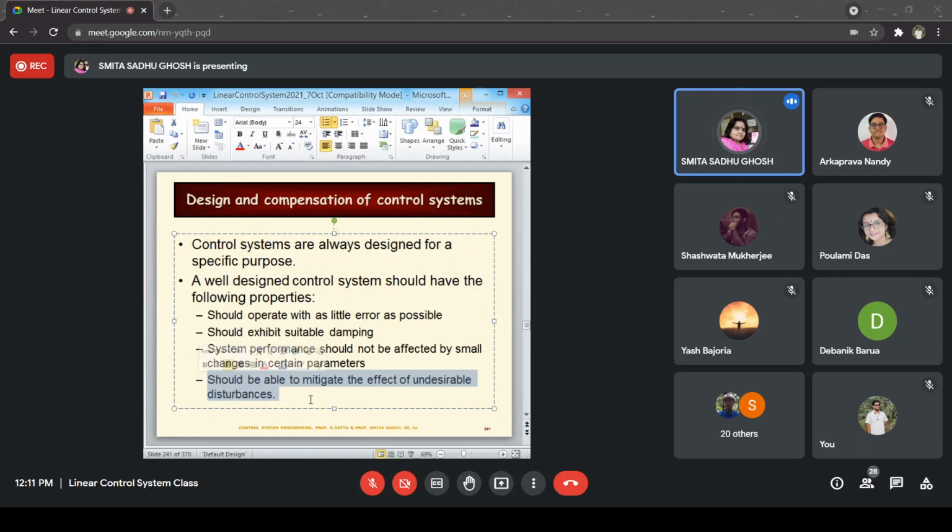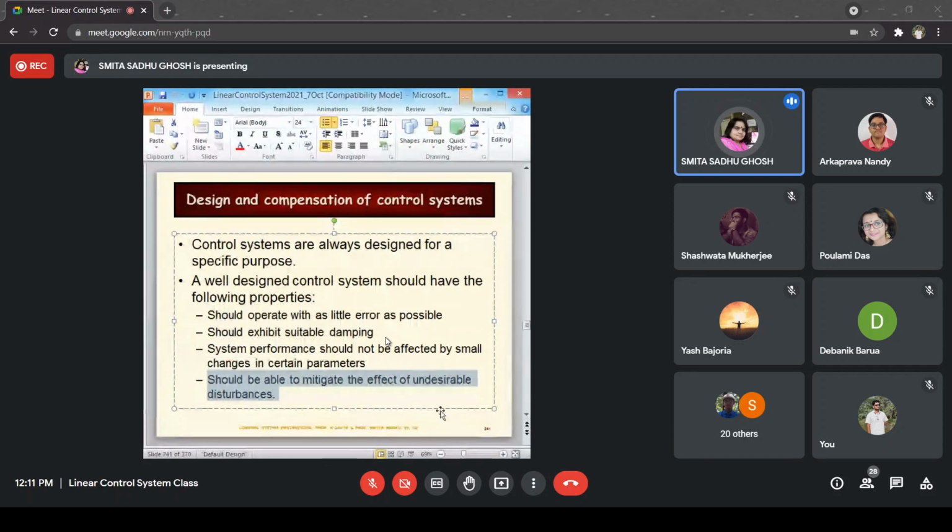The last point mentions the effect of undesirable disturbances, meaning that if some external signals are affecting the system apart from your desired signal, or what you call the command signal or reference input, some other signals will be affecting the system, whether you like it or not. Such undesirable disturbances, the system should be able to take care of. Take care means it should still perform satisfactorily, even if there are disturbance signals affecting the system.